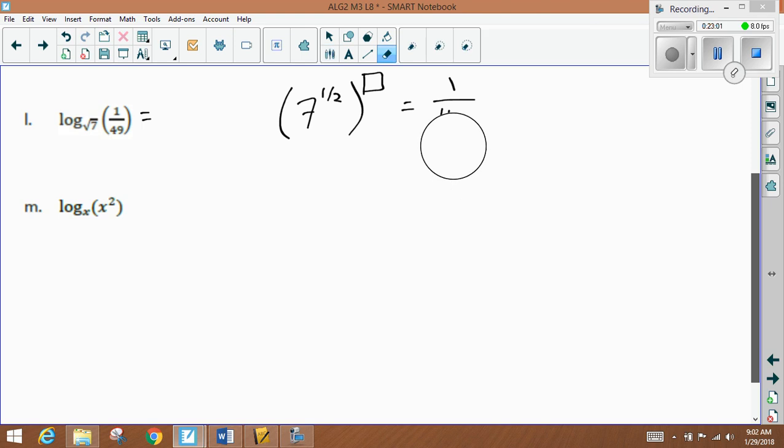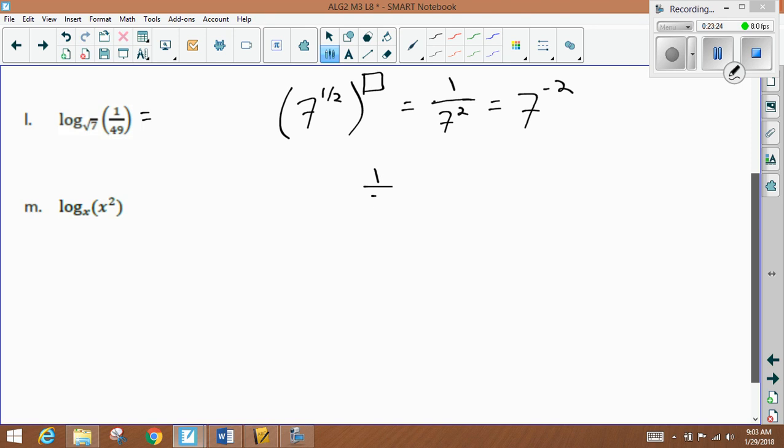Let's actually write this a different way. Let's call it 1 over 7 squared, right? How did we get that? In other words, how about this? 7 to the, it's the same thing, 7 to the negative 2 power, right? So 1/2 times x equals negative 2.